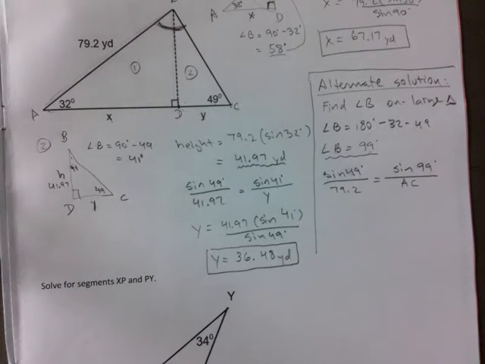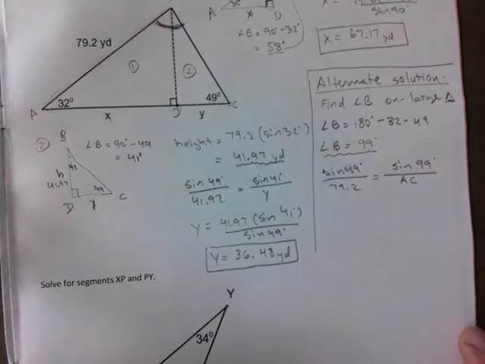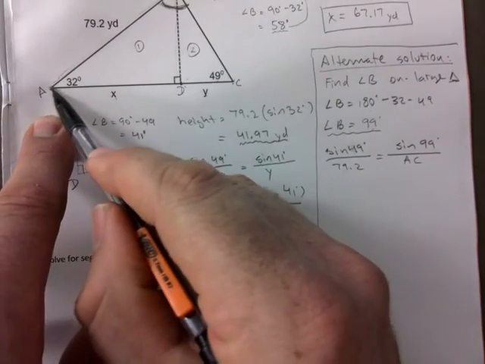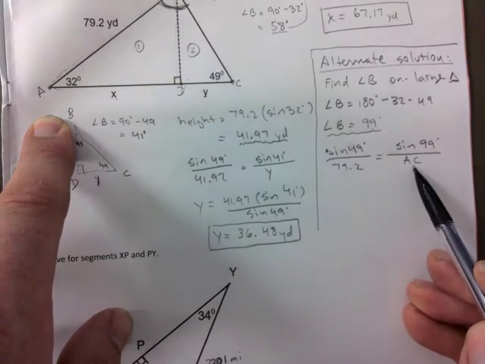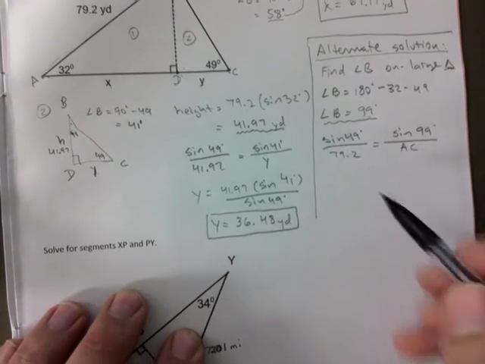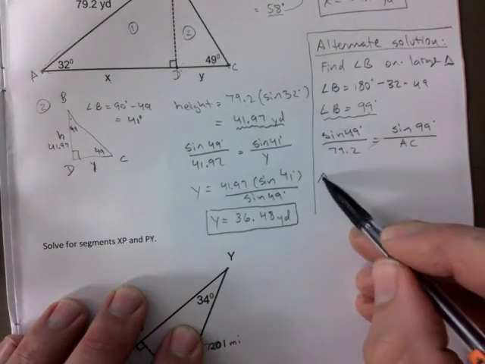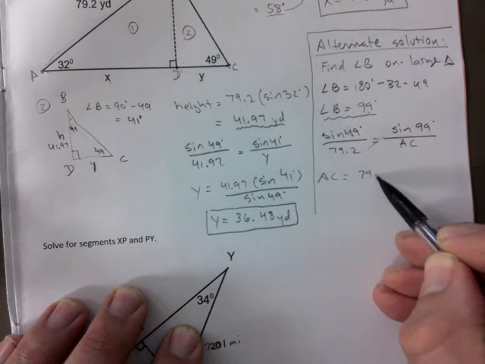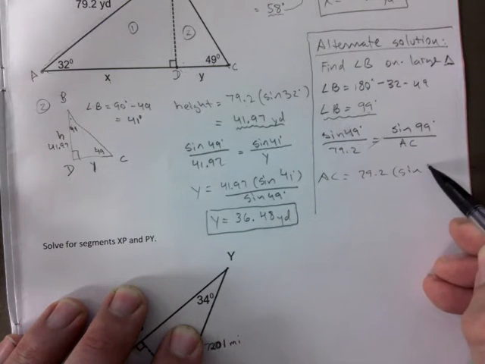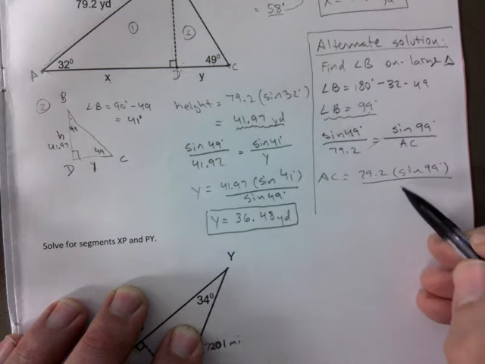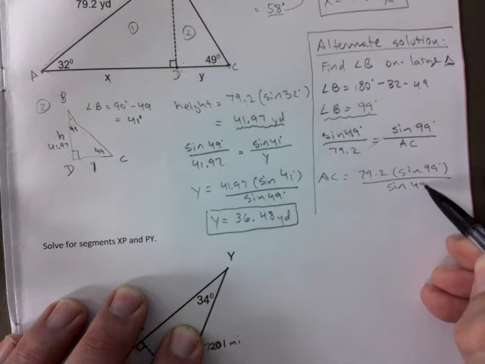You're not okay with ACs, right? So it's a bad combination to use. But I'm trying to find A to C, so I'm going to use that there. So you cross multiply and divide. So side AC is 79.2 times sine of 99 divided by sine of 49.